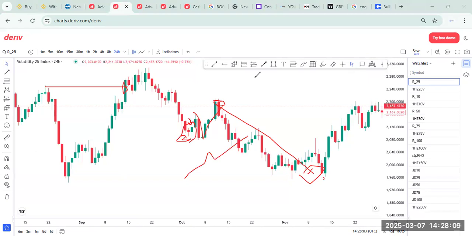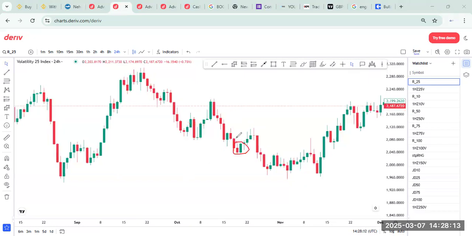And here we had a bullish engulfing here. Bullish engulfing. So after the two candles formed, the next day you are looking for bullish trade towards the upside. So even this zone could have been your target.